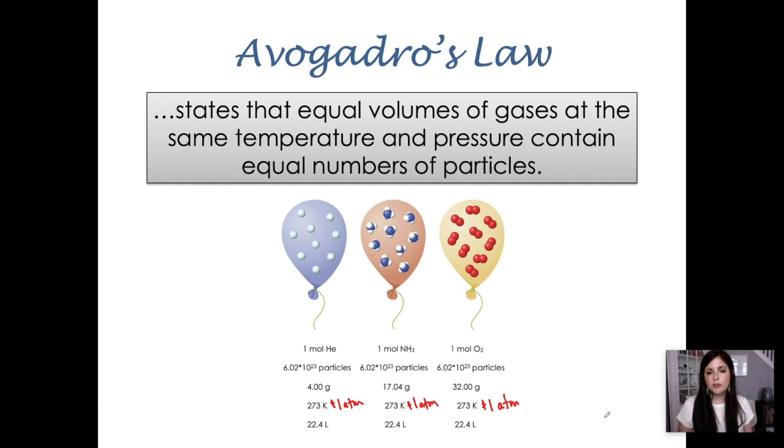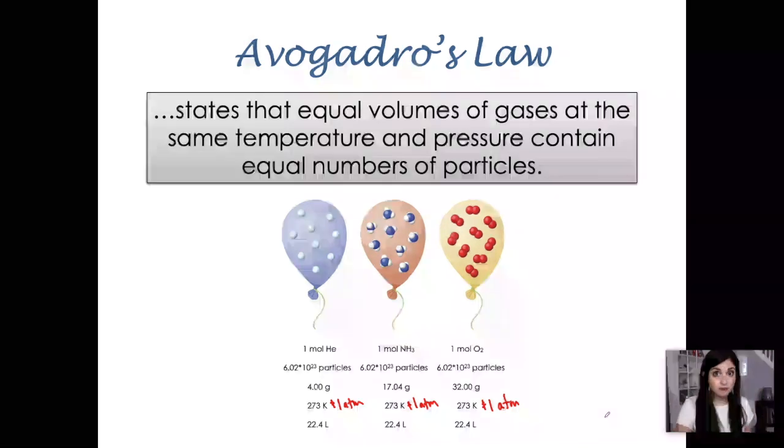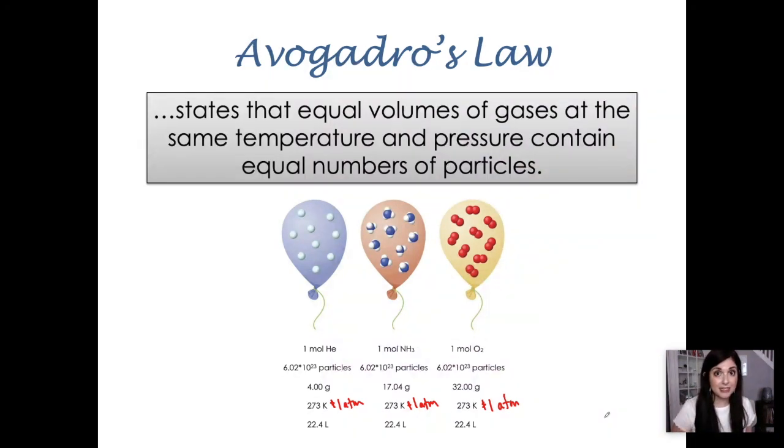So at 273 Kelvin and 1 atmosphere, all of these gases, no matter what gas they are, take up the same volume. And for 1 mole of a gas at STP, which is what every one of these is, the volume of that gas is 22.4 liters. Does not matter what the gas is.